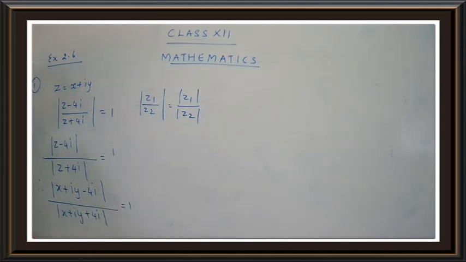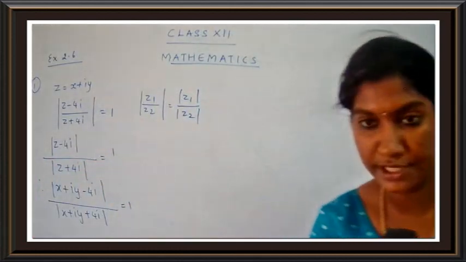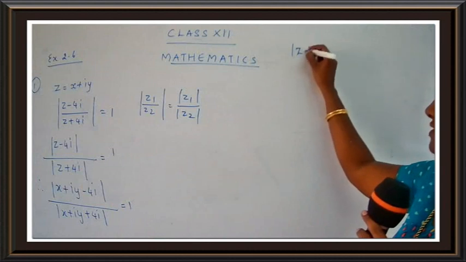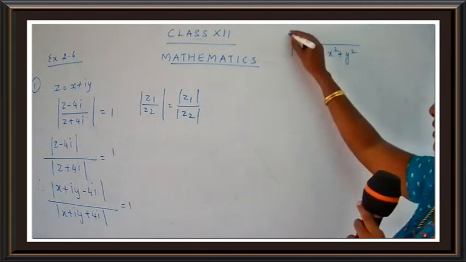Are you clear? Substituting the value for z. Done till here, it's clear to you? Okay, now we are going to apply the formula. What is the formula for modulus of z? Tell me the formula for mod of z, children. Yes, square root of x square plus y square.